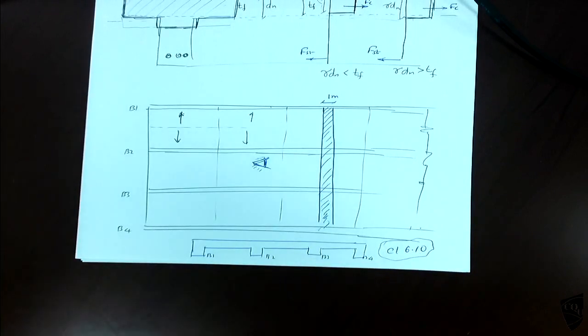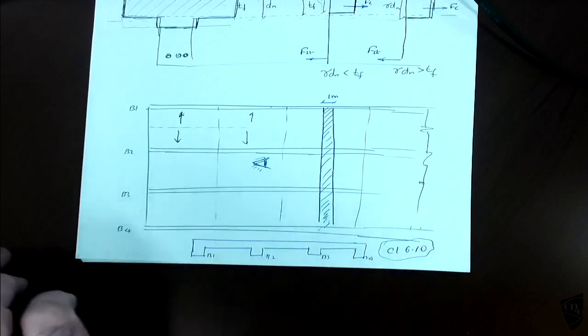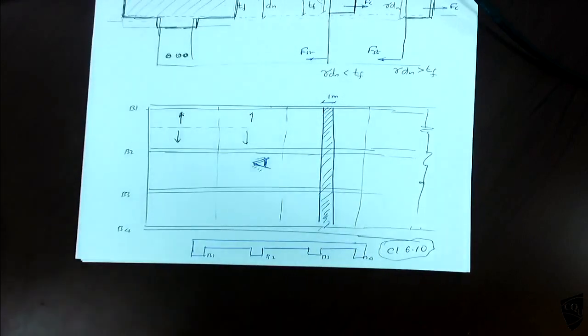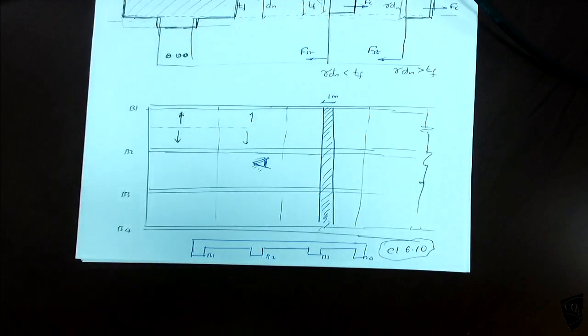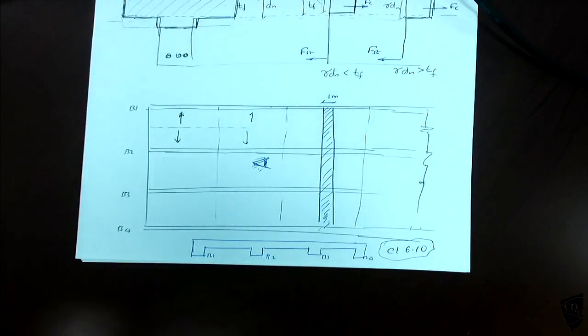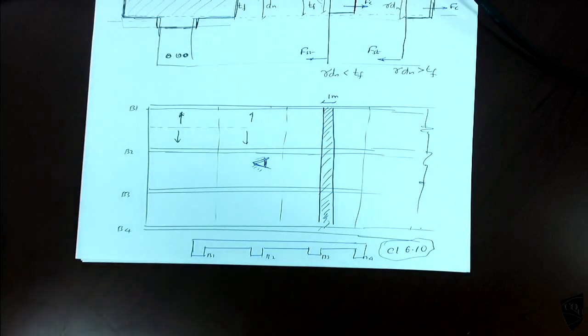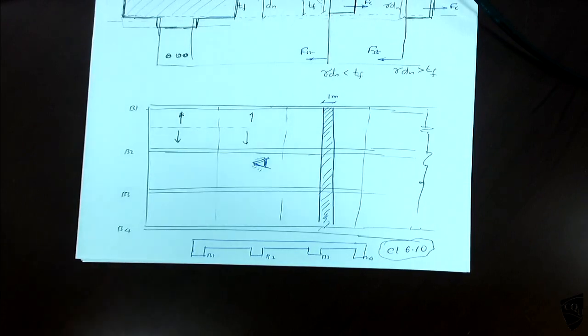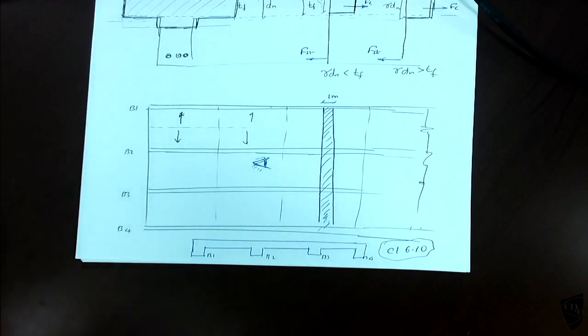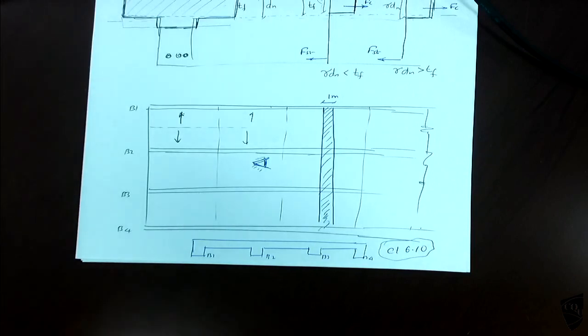Because it's a continuous beam kind of thing, 1 meter strip, like a 1 meter width beam. So we should be able to calculate the load for the 1 meter strip. So it becomes like a beam with 1 meter width, so we should be able to do the same things whatever we did in the rectangular beam. That's what I said, the rectangular beams are very important.